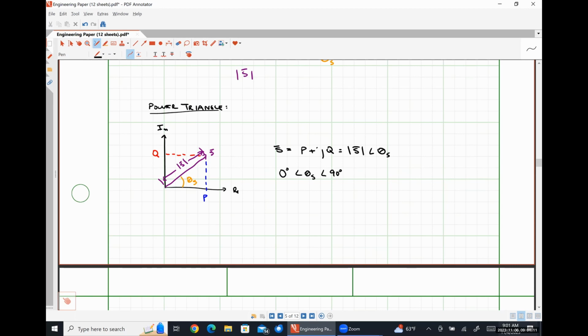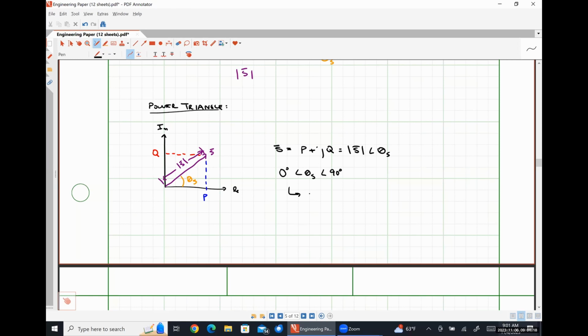What does this tell us? It tells us that our load, or whatever is absorbing this power, is inductive, meaning that R is greater than 0 and our reactance is also greater than 0.